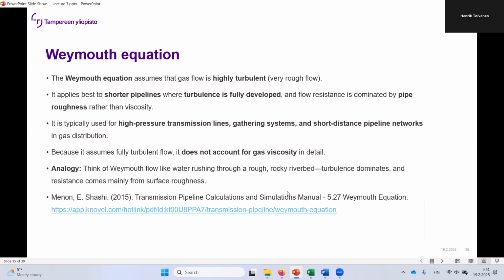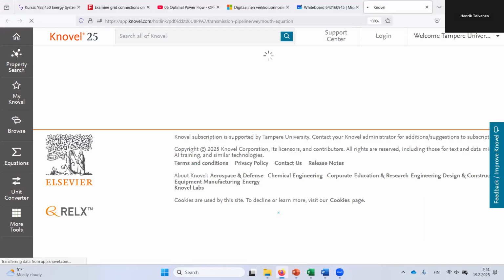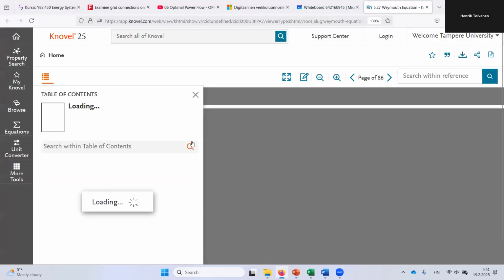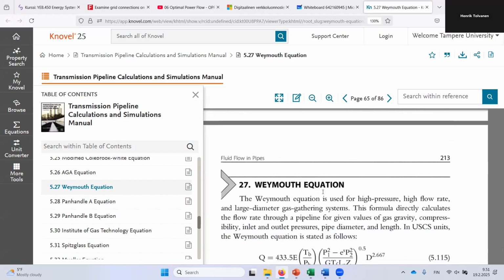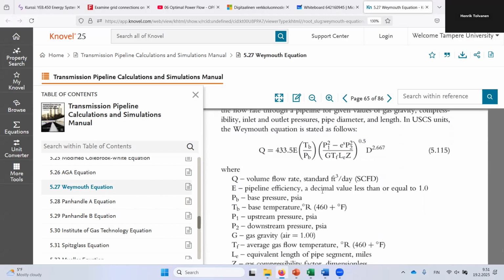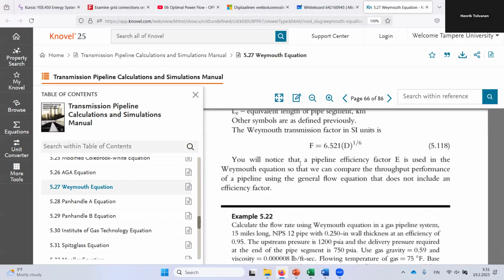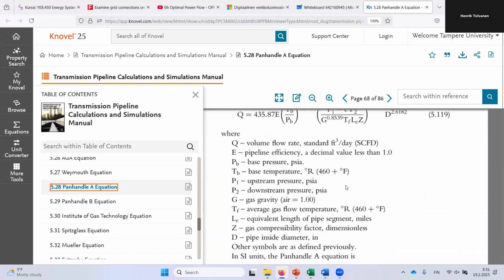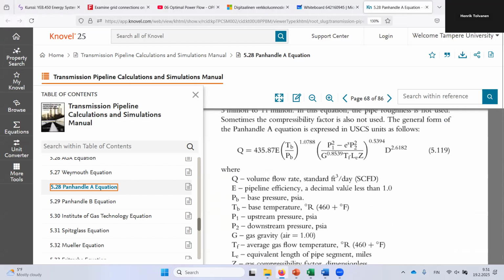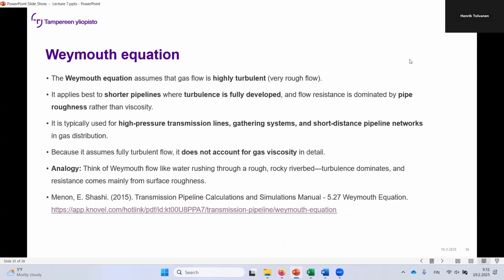I put a book link in here. So let's hope it's going to open it. Yeah, so from here you can see the Weymouth equation. There is still stuff to be inserted in there. And there's the Panhandle equation. These have been commonly utilized with natural gas pipelines.